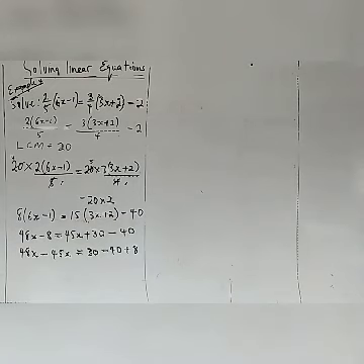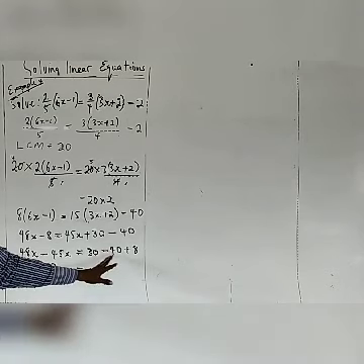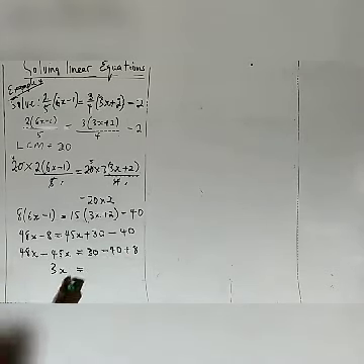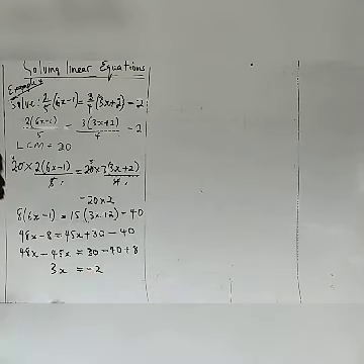Now we can add the like terms together and subtract. In this case, it's 48x minus 45x. 48 minus 45 is 3x equals 30 minus 40 is minus 10. Minus 10 plus 8 is minus 2. Now, once we get here, we are almost there. The coefficient of x here, we will divide both sides by 3.